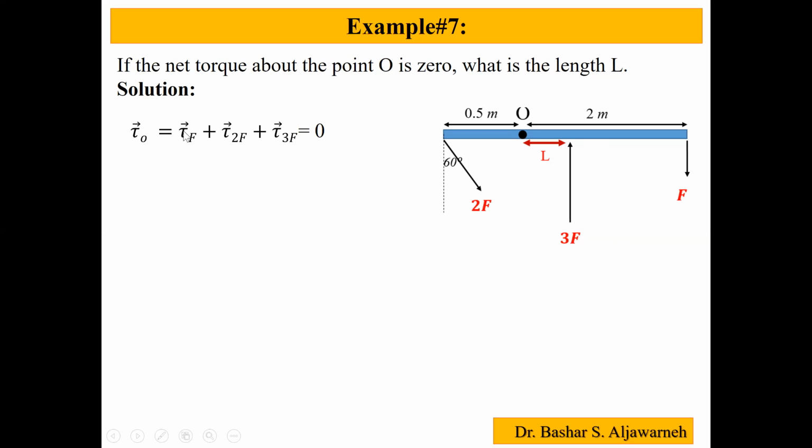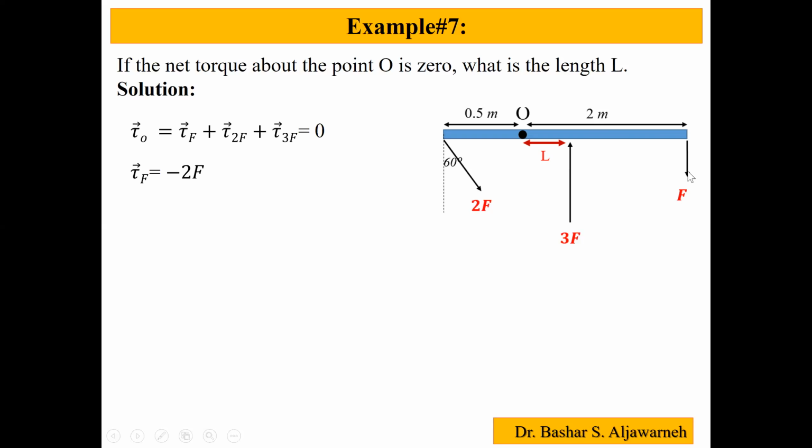Now, the torque from F, as you can see here, is already perpendicular. So it will be the distance from here to point O, which is 2 meters, times the magnitude of the force, which is F. And be careful here, F is unknown. So it will be 2 times F, which is 2F.